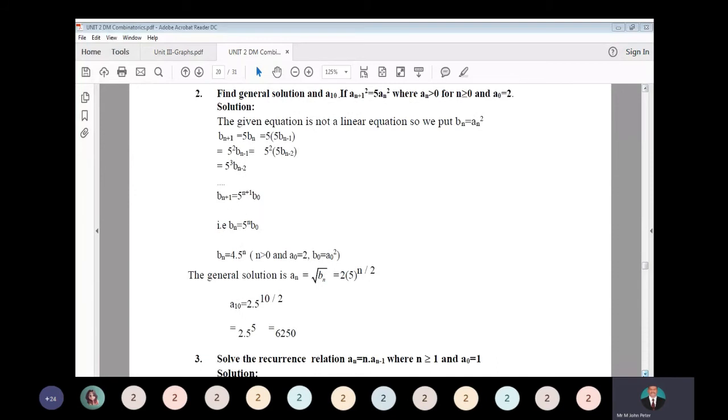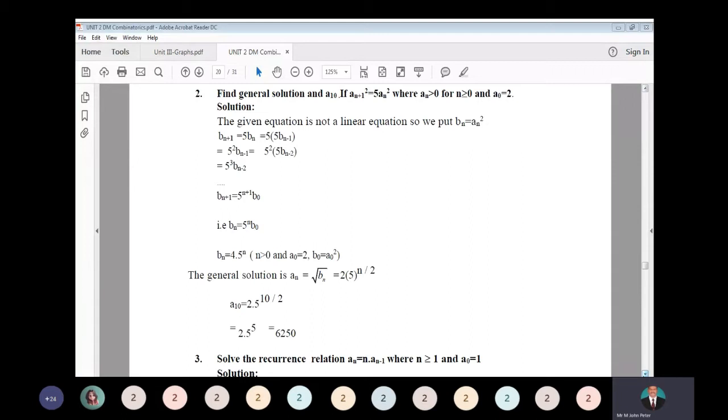Find the general solution and a10 if an plus 1 square equal to 5an square, where an greater than 0 for n greater than or equal to 0 and a0 equal to 2. The given equation is not a linear equation, so we put bn equal to an square. So bn plus 1 equal to 5bn, that is equal to 5 into 5bn minus 1.